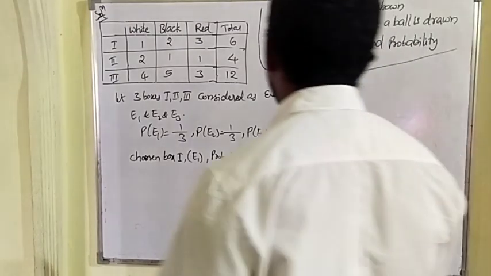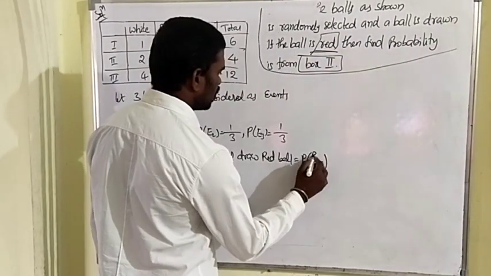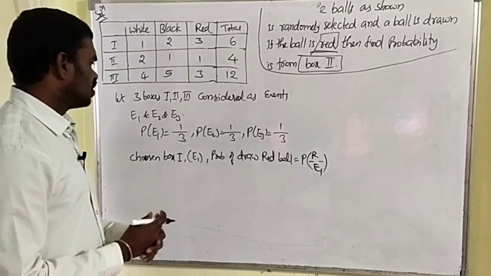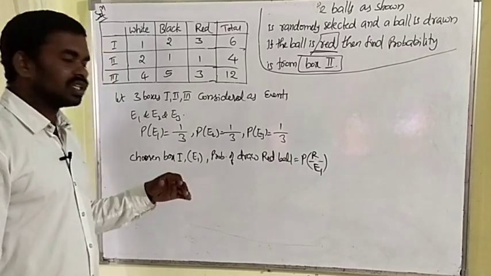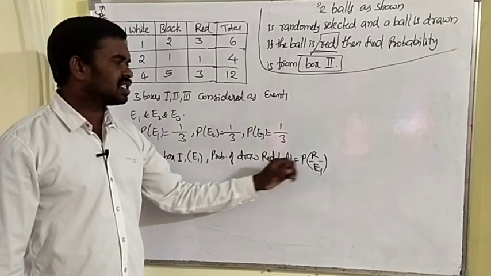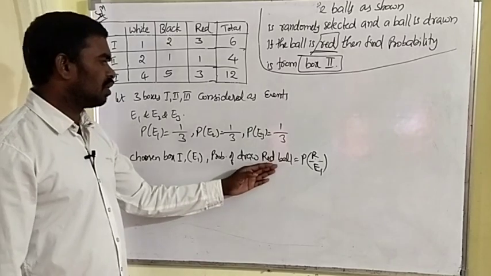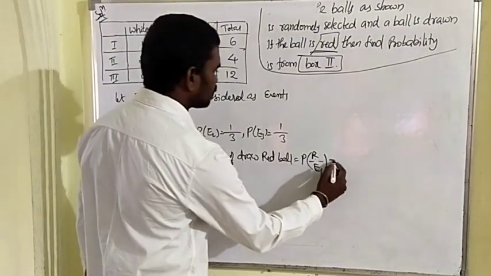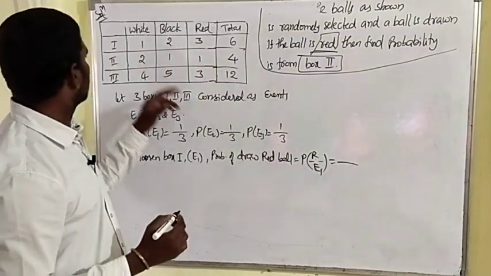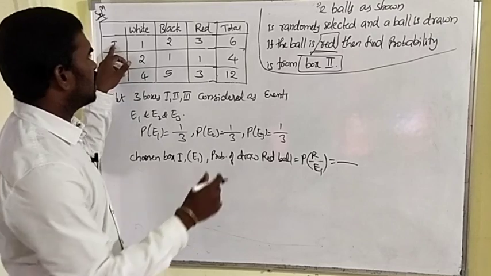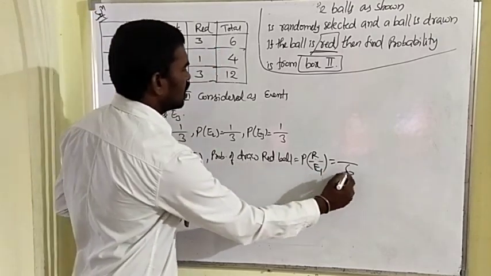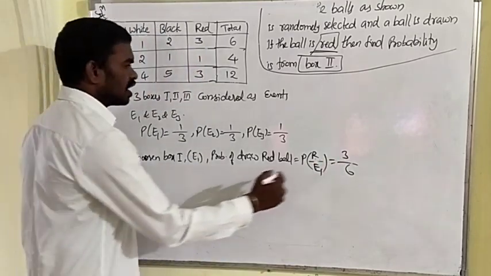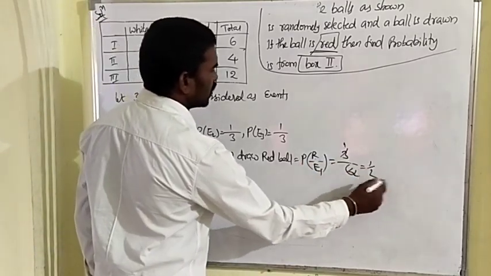Sorry, R by E1. Okay, R by E1. So be careful here, so don't get confused. Conditional probability says that it is a dependent event. So red ball taken from box B1, so R by E1. In this box 1, how many total balls are there? 6 are there. In this 6, how many red balls are there? 3 are there. So 3 by 6, that means 1 by 2.